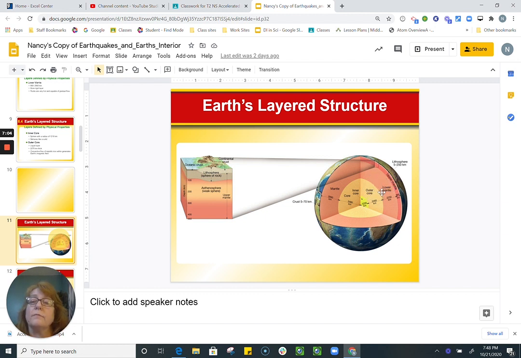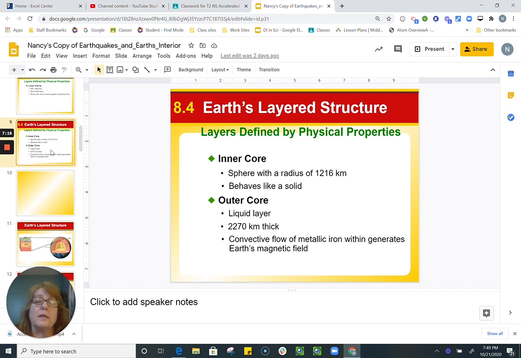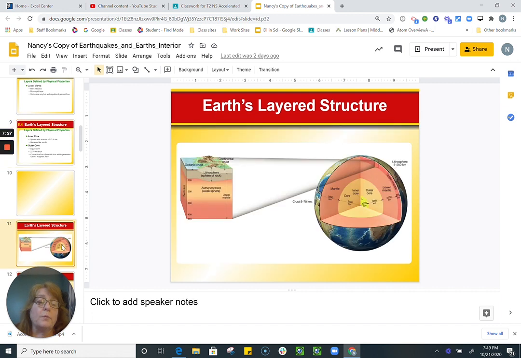Then you have the lower mantle, outer core, inner core. And the outer core, remember, is the part that is more liquid-like. It can flow, and as the earth spins, it creates a magnetic field around the earth.